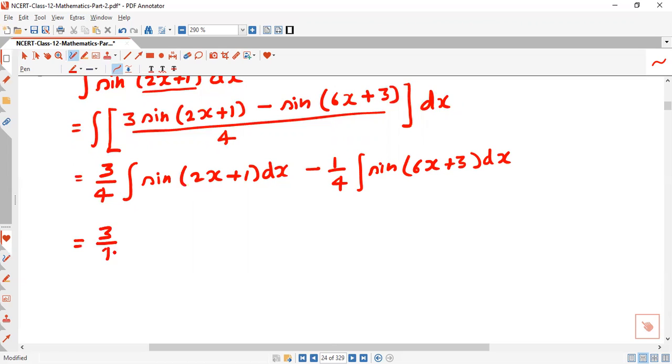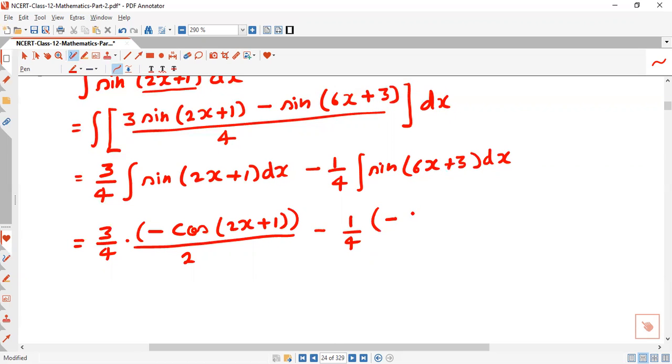3 by 4, this will be minus cos 2x plus 1, and you see the coefficient of x here is 2, divided by 2, minus 1 by 4, again minus cos 6x plus 3, and the coefficient of x is 6, so it is 6 here, plus some constant c.